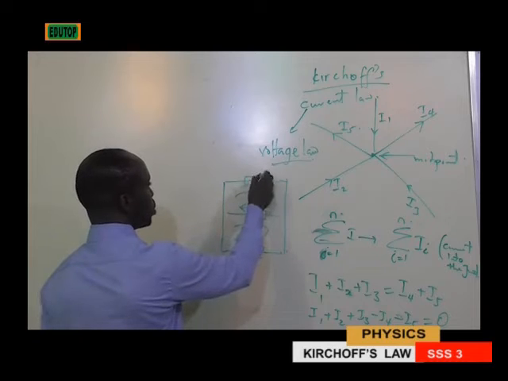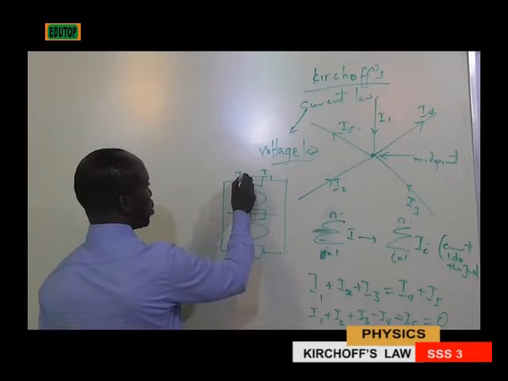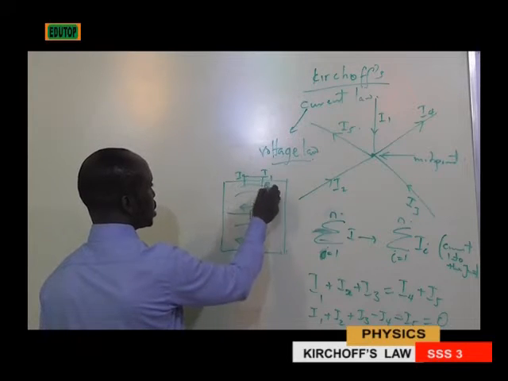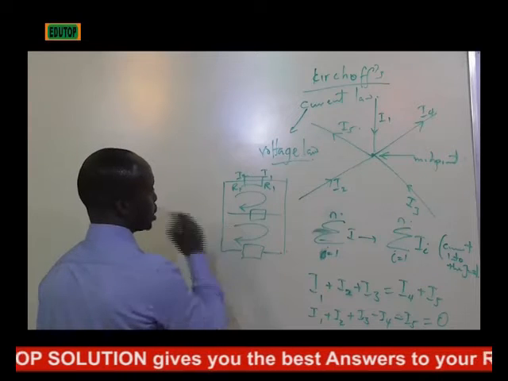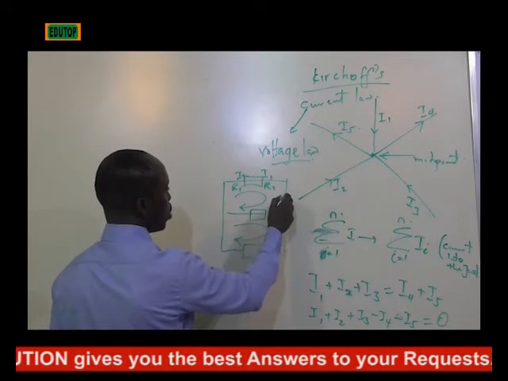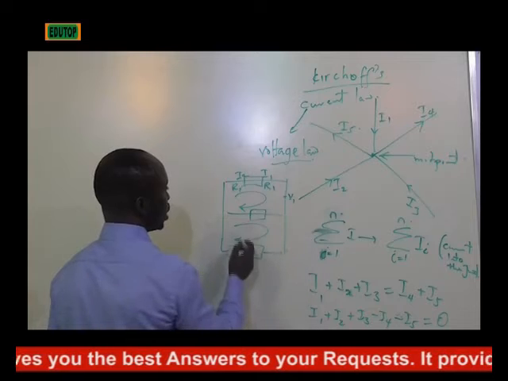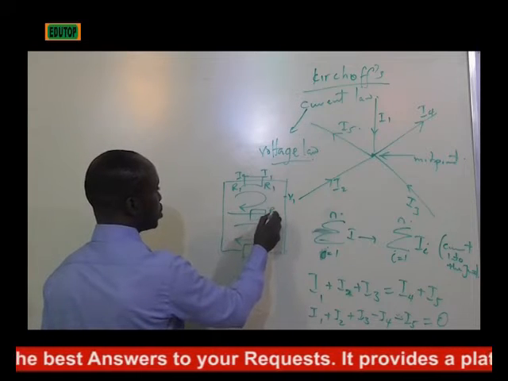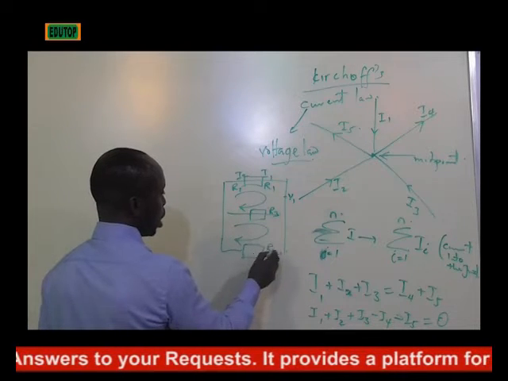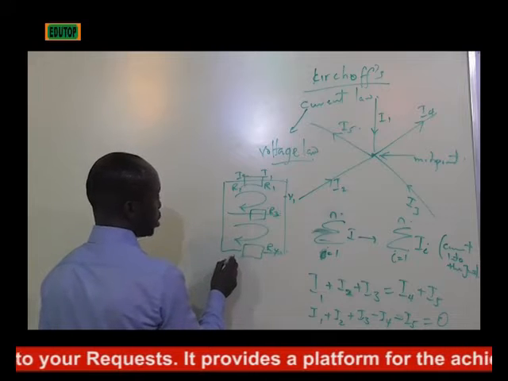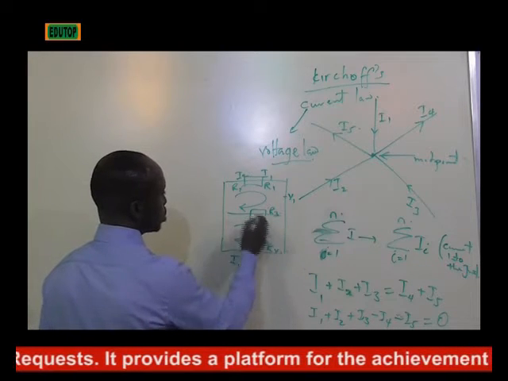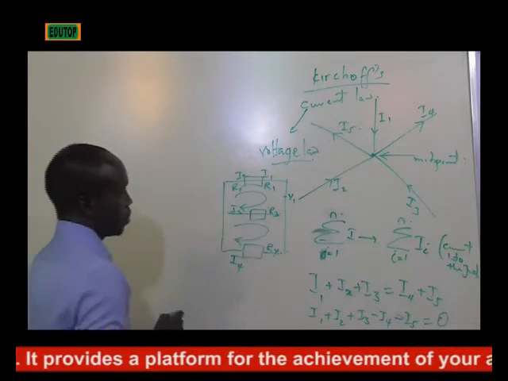So if you have current here, probably resistance here, you understand? Now, we also have, let's say V1 here, let's say R3 here, R4 here, I4, I3. You get?